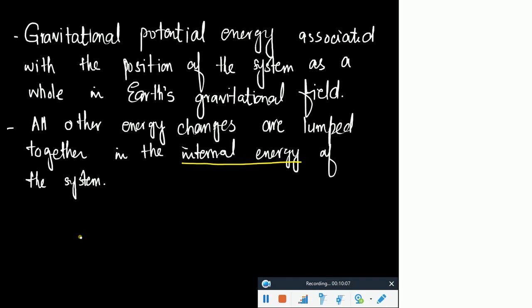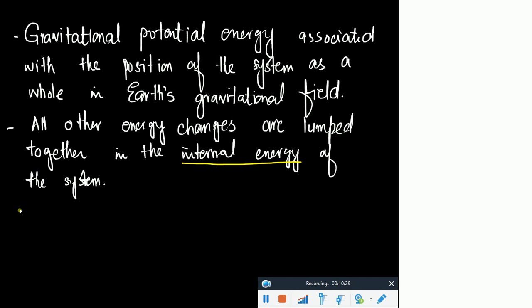Are you talking about the gravitational potential energy of that system? Or are you trying to change the kinetic energy of the molecules, all the gas particles? Obviously that would change. So some change has happened to what form of energy? Internal energy.